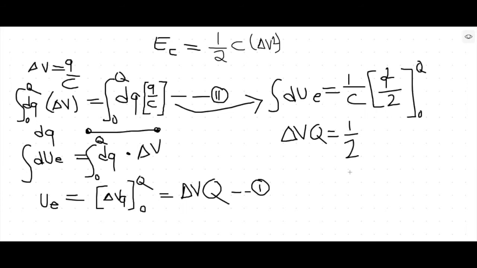I can bring my constant to the front, and I can write this as Q squared divided by C. Now, I have delta VQ over here, and in equation 1 this is equal to UE. So now I can substitute UE as 1 over 2 Q squared divided by C.